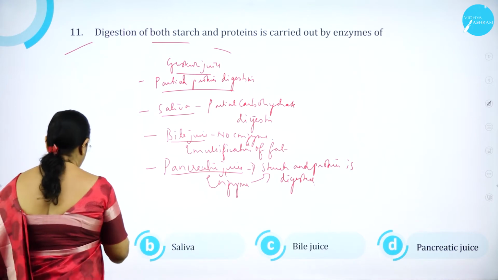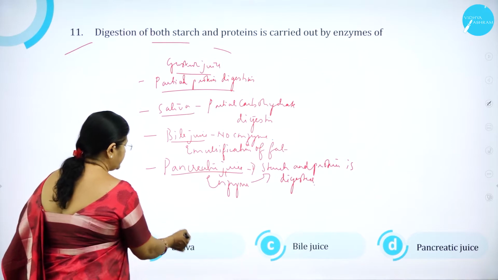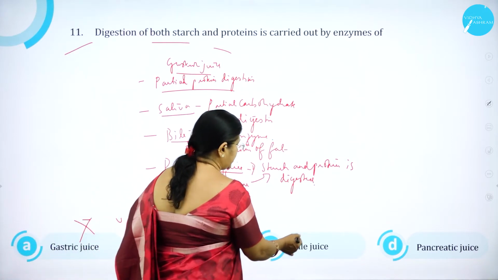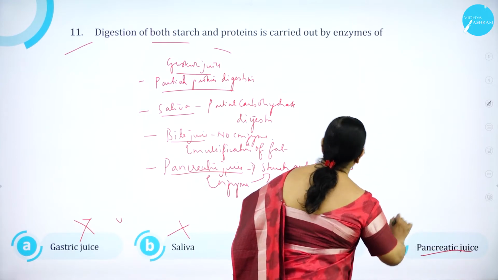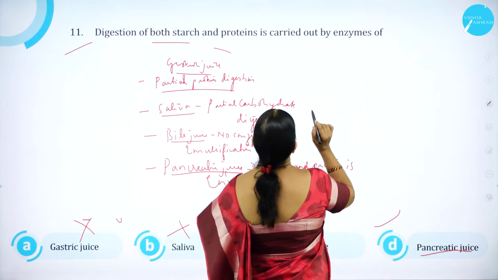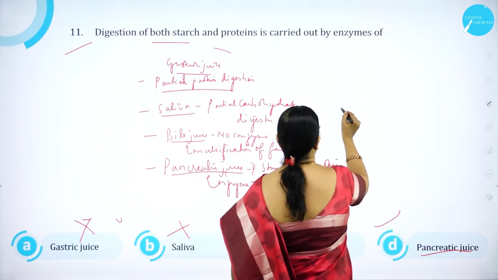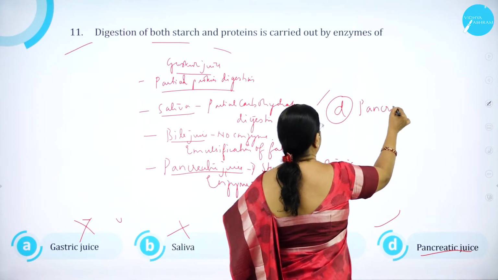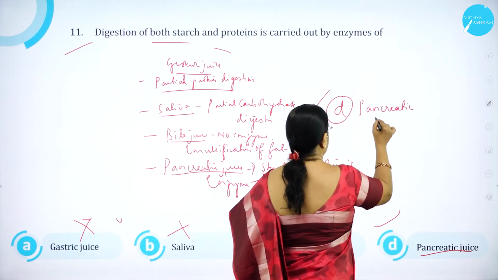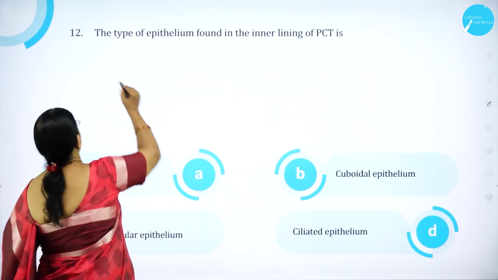So option A, gastric juice is wrong. Option B, saliva is wrong. Option C, bile juice is wrong. Option D, pancreatic juice. So starch and protein digestion is carried out by enzymes of pancreatic juice. So option D is correct. Pancreatic juice is correct.